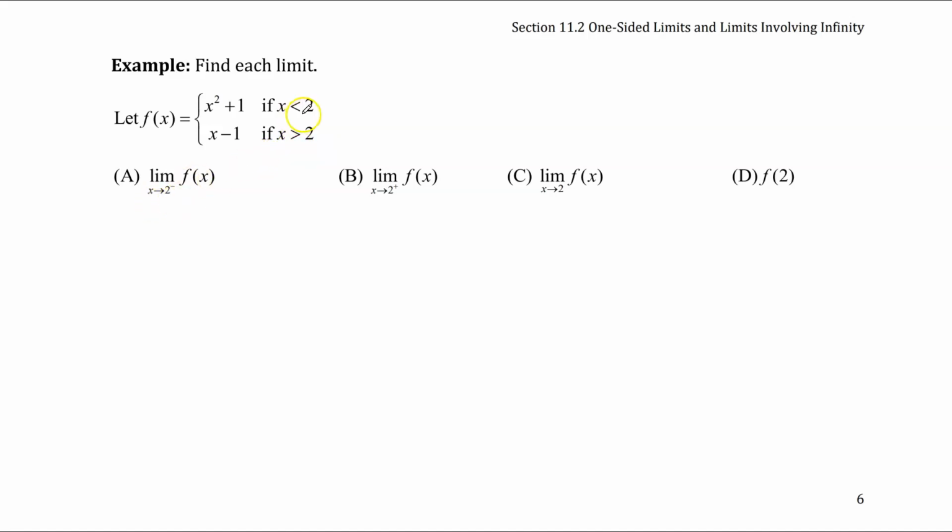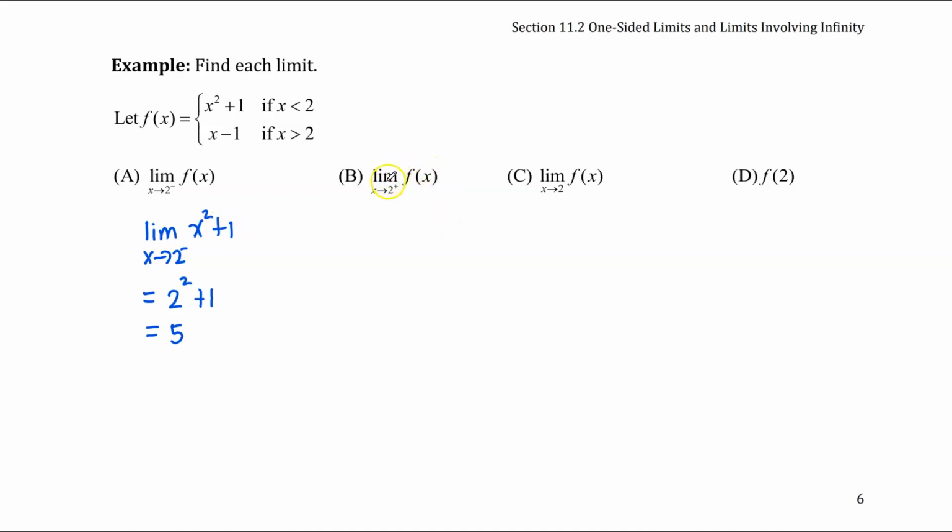So 2 from the left means x is less than 2. To evaluate the limit here, we will just replace f of x by x squared plus 1, and then plug in 2 for x. So this is equal to 2 squared plus 1, and that is equal to 5.